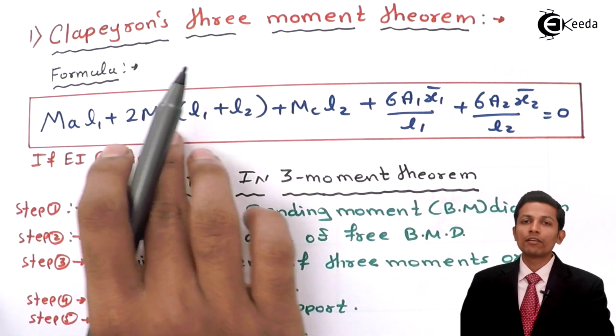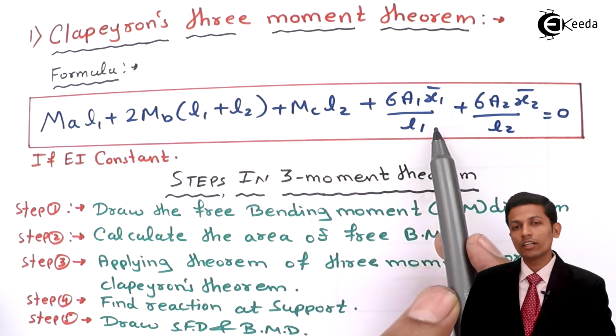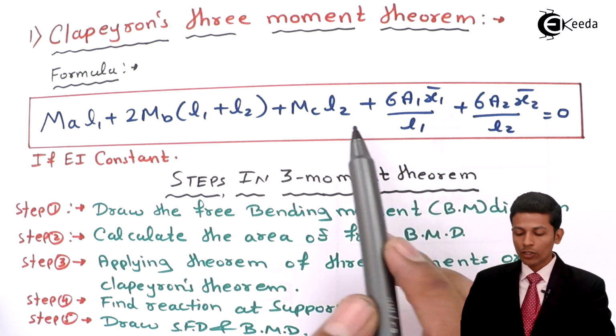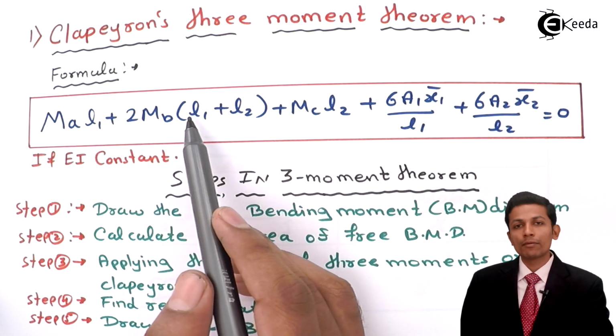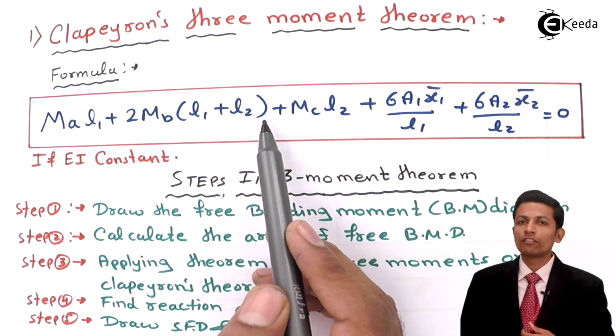This formula is applicable when EI is constant. If EI is given, we have to apply 6 A1 x1 bar / (E1 I1 L1). So this is the generic formula of the three moment theorem. You will remember this formula, and then you can solve these problems.